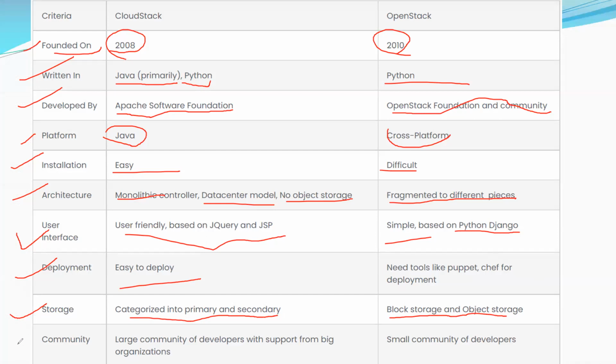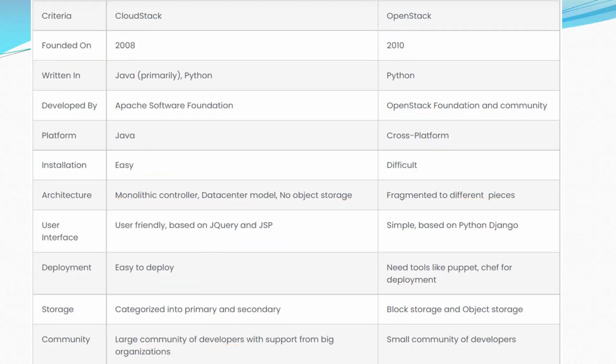And finally, the community. A large community of developers with support from big organizations is there in case of CloudStack, but in case of OpenStack, a very small community of developers is being supported. So this is the difference between the two, CloudStack and OpenStack.